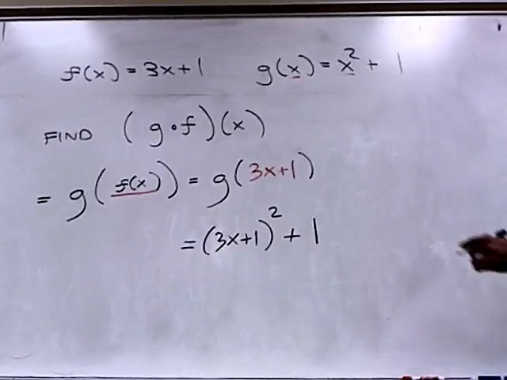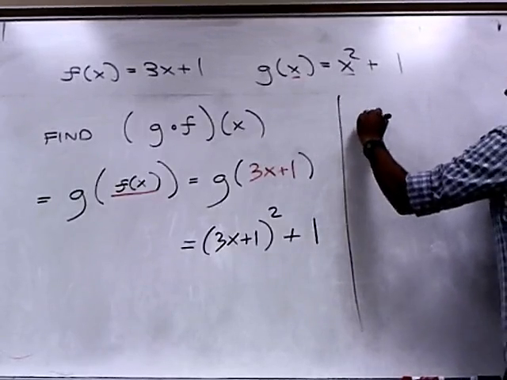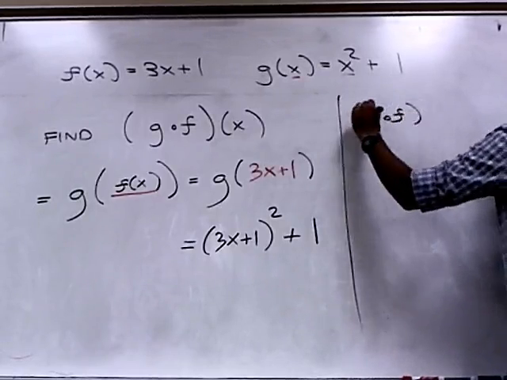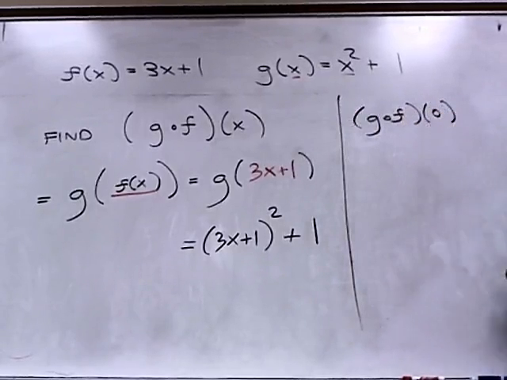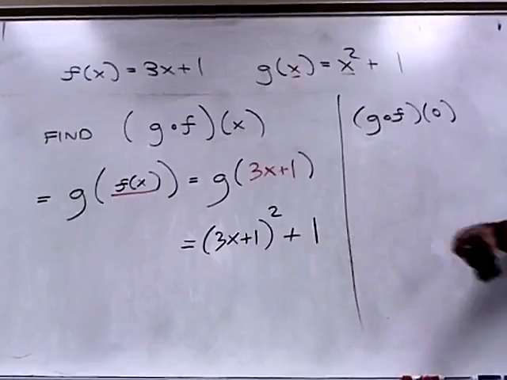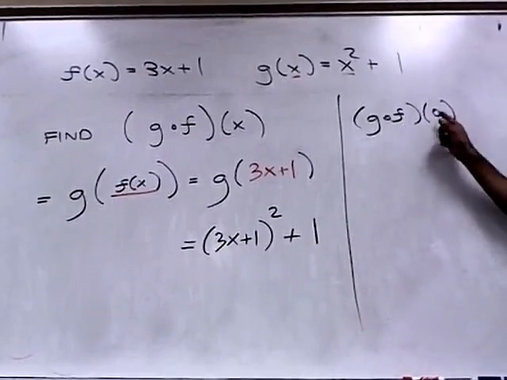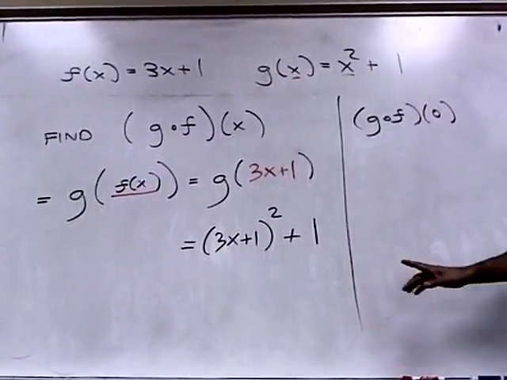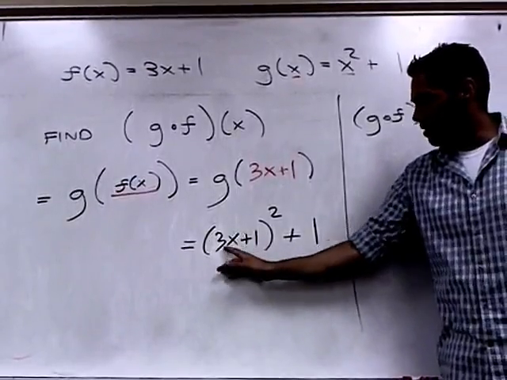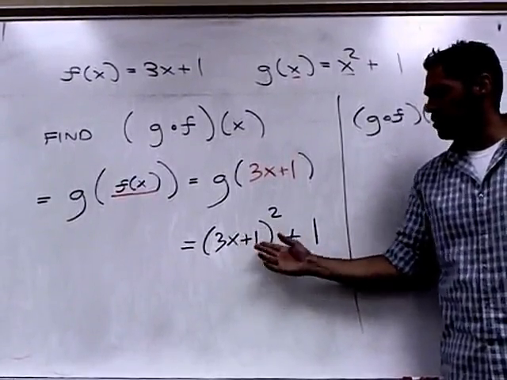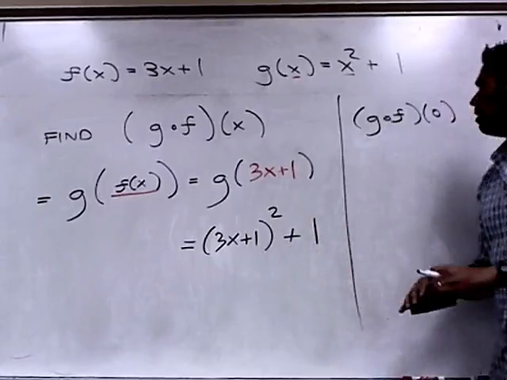Now let's see what would have happened had I done g of f of 0. According to this, what happens if I plug in 0 through this composition? We get 0 here, it's 1 squared. 1 plus 1 is 2. We should get 2, right?